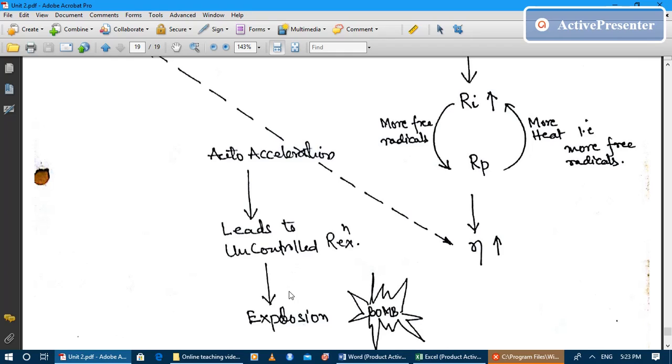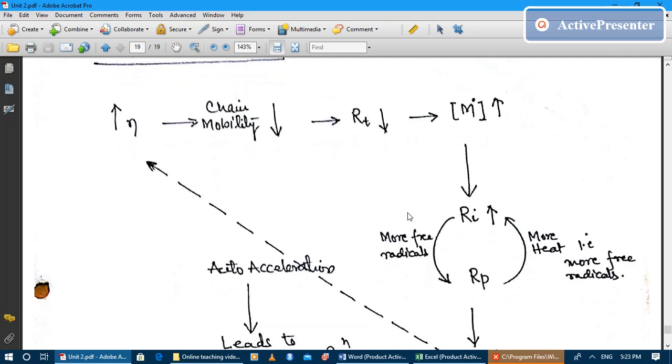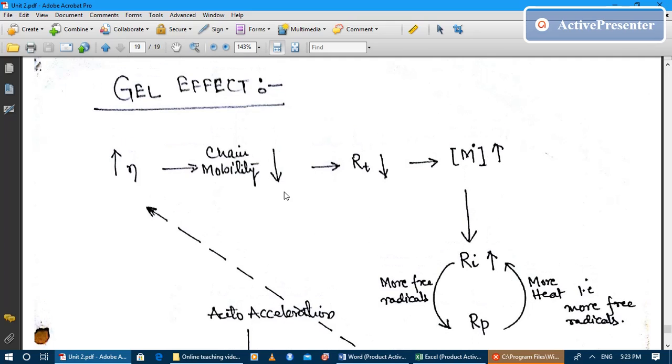In a nutshell, some explosion kind of condition may take place if it attains the flash point of the monomer. There are chances of explosion. So we have to control this condition. And how can we control the gel effect?